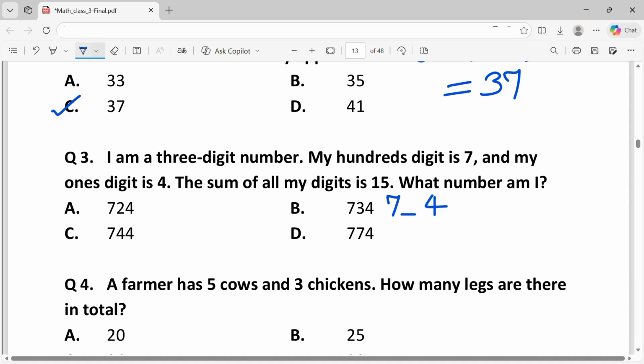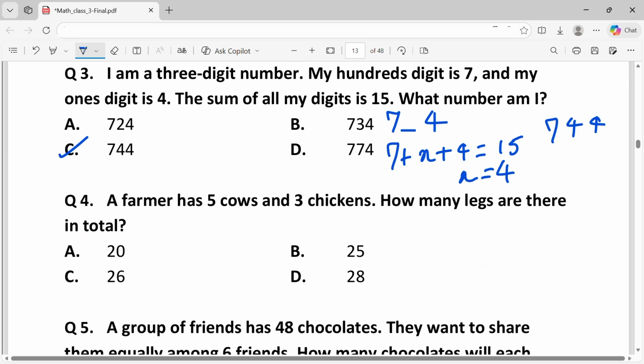And the sum of digits is 15. That is 7 plus x plus 4 is equal to 15. That is x is equal to 4. So the number is 744. That is option C.